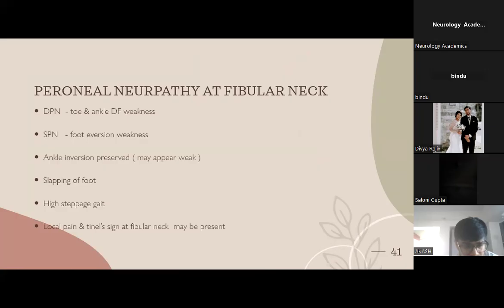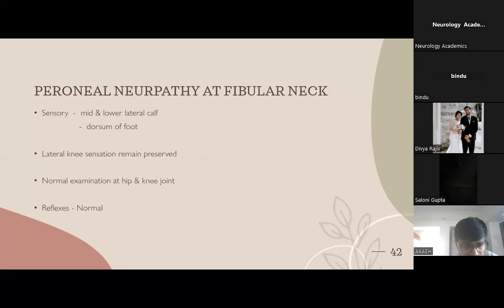And superficial peroneal nerve involvement results in foot eversion weakness. Ankle inversion is preserved but may appear weak because it is supplied by tibialis posterior and anterior, mainly tibialis posterior, which is supplied by the tibial nerve. And the patient will have slapping of the foot and high steppage gait, and we can elicit Tinel sign at the level of the fibular neck.